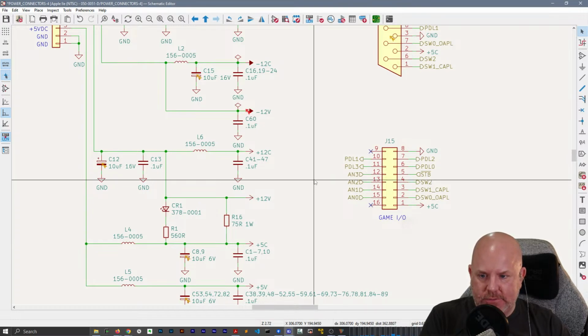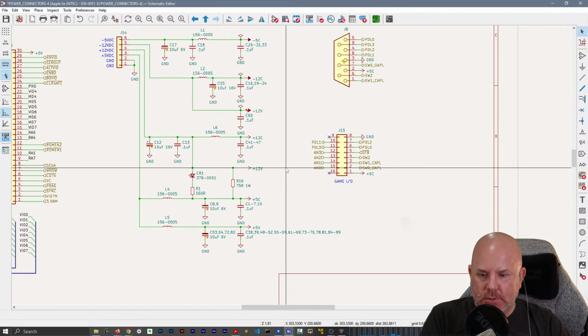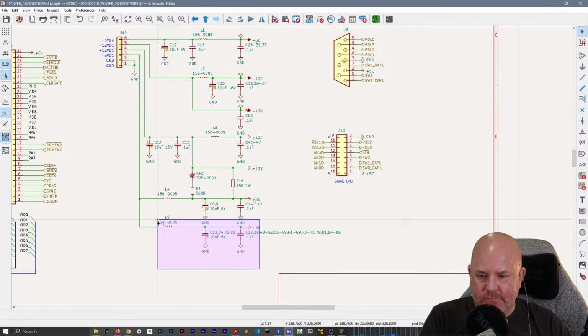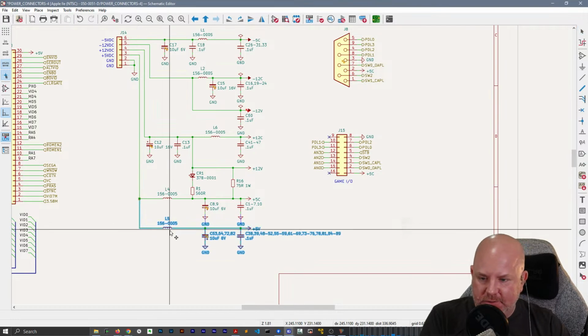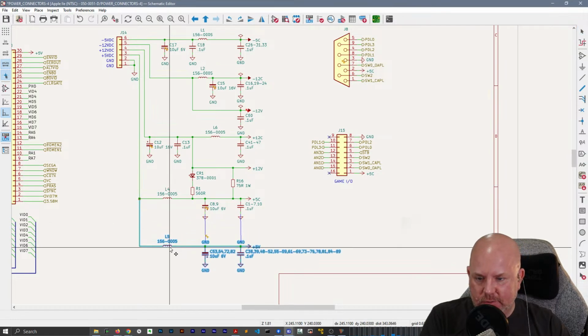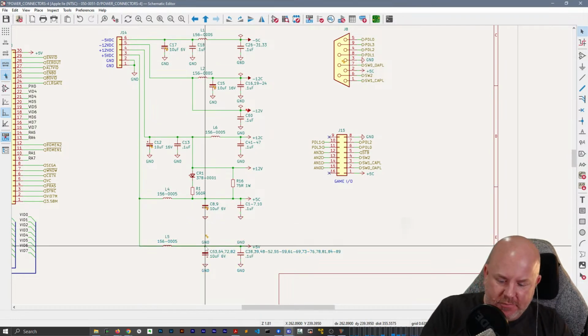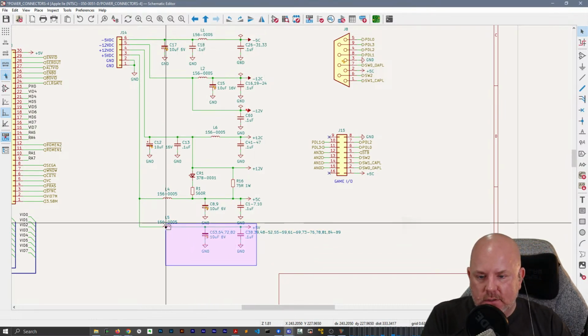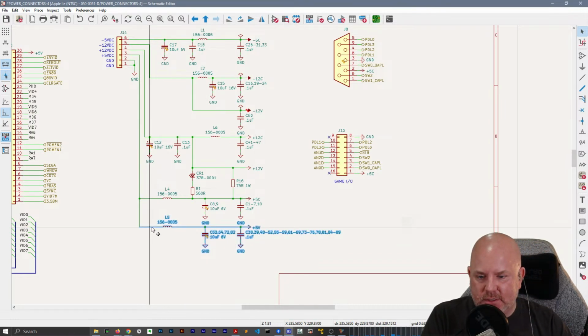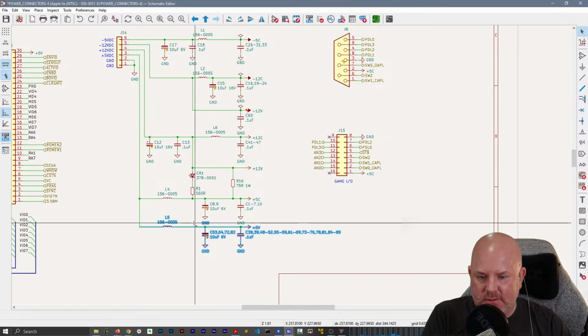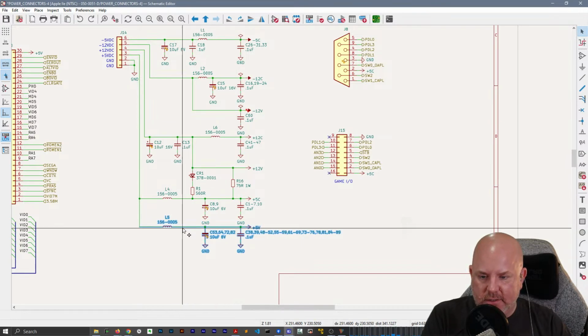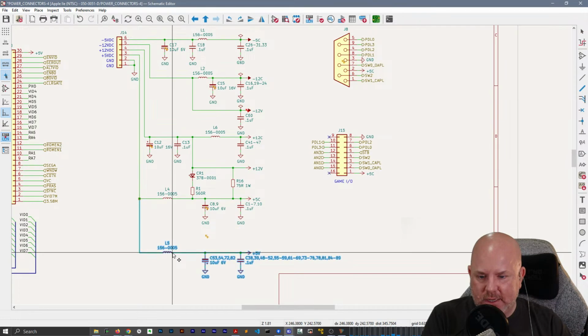How do I want to do this? Move everything down. All right, so I'll use the G so we can move all this stuff down. Whoops, I didn't want to grab ground. I want it to grab this stuff, not this. Unselect. All right, let's move this down as much as we can.